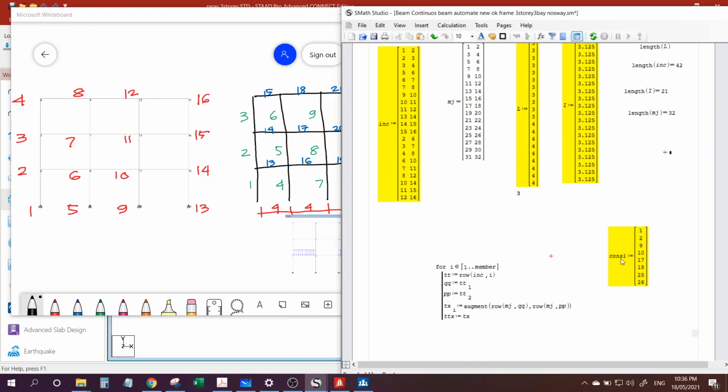For this one, this is a matrix for the constrained nodes.